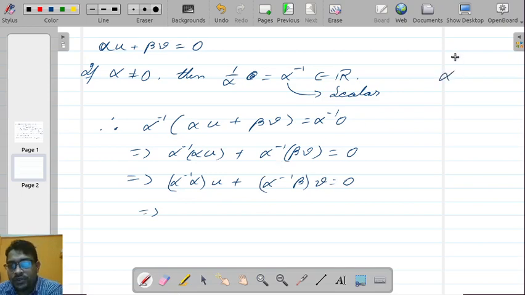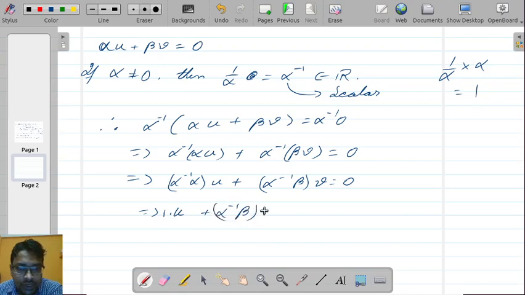Alpha inverse alpha is 1 by alpha multiplied with alpha, which is 1. So it's 1 into u plus alpha inverse beta v equal to 0.